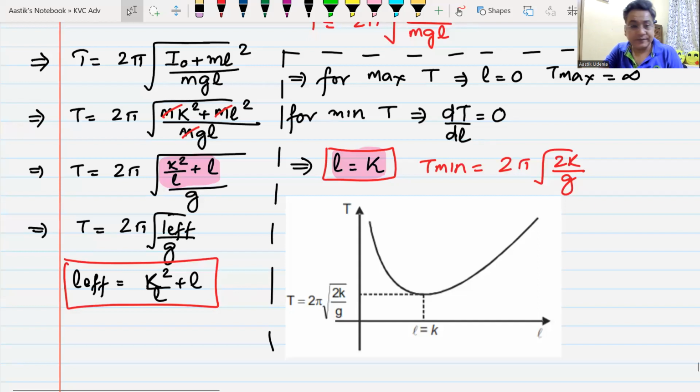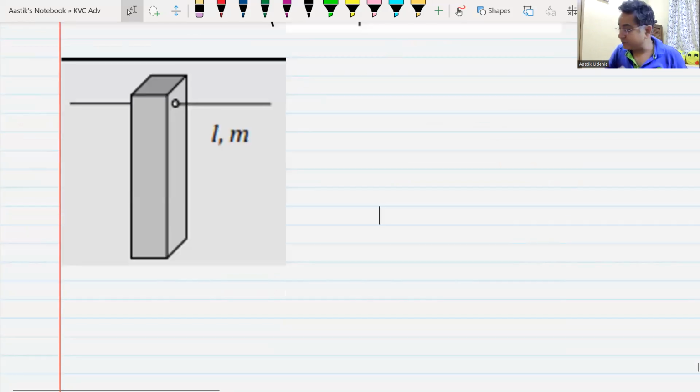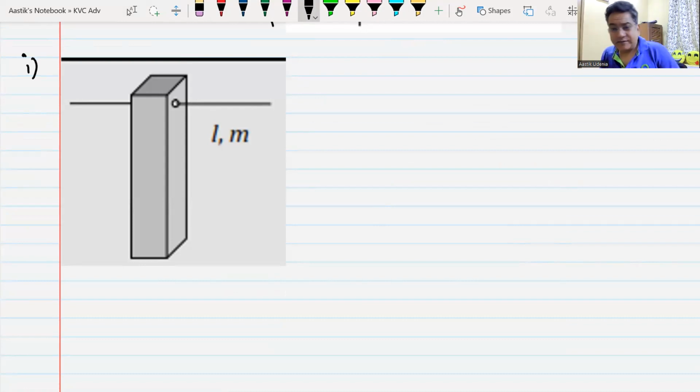If I have a rod of length L and mass M pivoted about one of its ends, remember, the time period does not depend on the mass of the rod. Can you tell me what will be the time period of this rod which is pivoted about one of its ends?